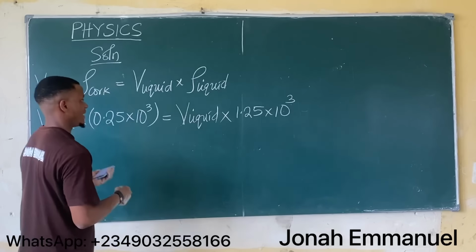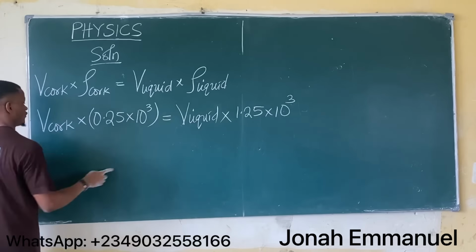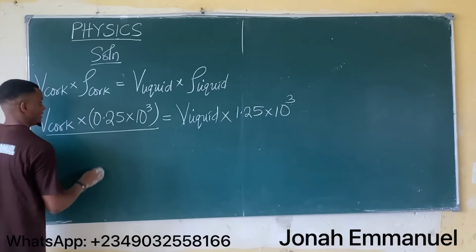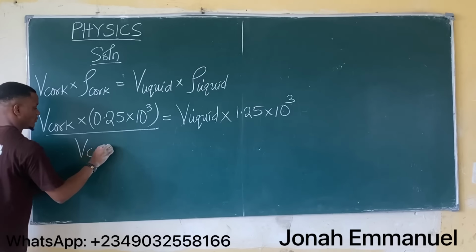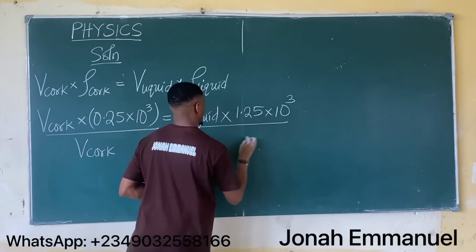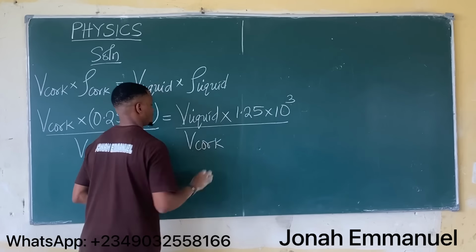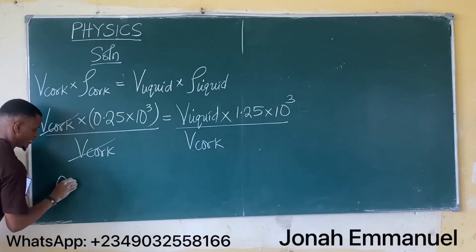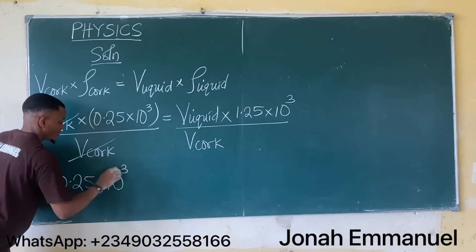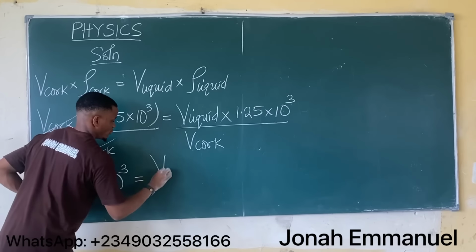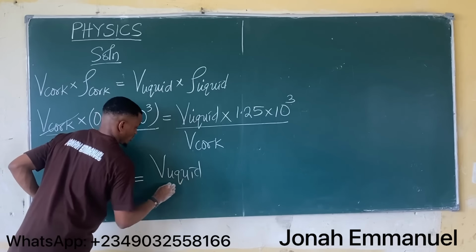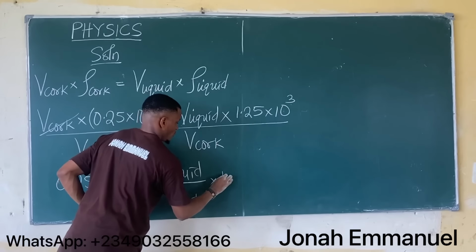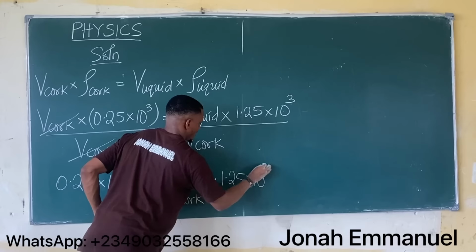Alright, so let's get an expression for volume of liquid all over volume of the solid, which is cork here. To do that, I'll have to divide here by volume of cork, divide here by volume of cork, such that this can cancel this. Alright, so I have 0.25 times 10 to the power 3 as being equal to volume of liquid all over volume of cork times this one here, 1.25 times 10 to the power 3.